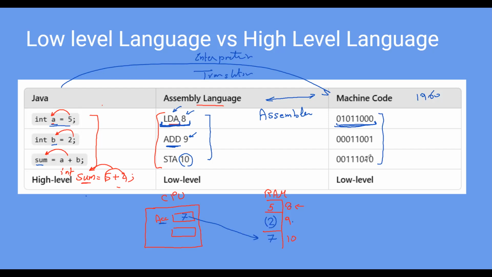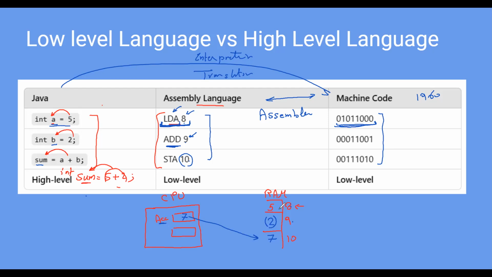Yeah. That's why they came up with a language that we can recognize as humans, with some mnemonics like LDA, and this LDA means load from memory location 8. So it gives the memory location here, and also a memory location here, and a memory location at 10.